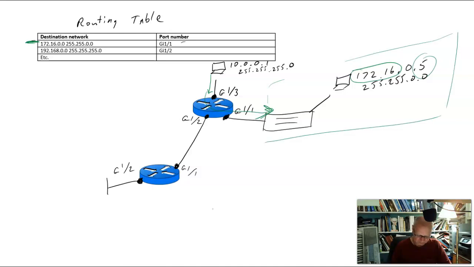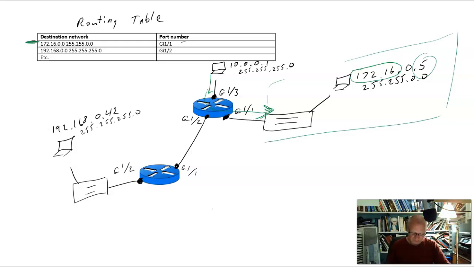That will go out to some switch. And now I'll put a computer on there. And this computer is 192.168.0.42, 255.255.255.0.